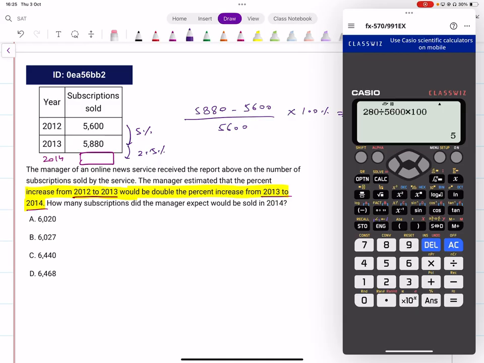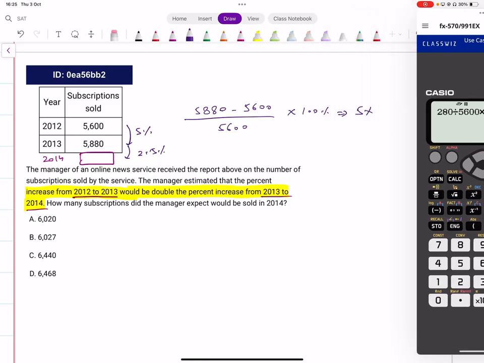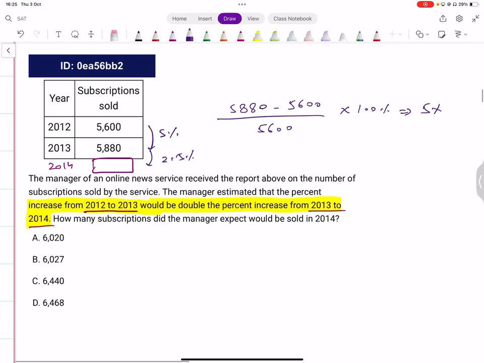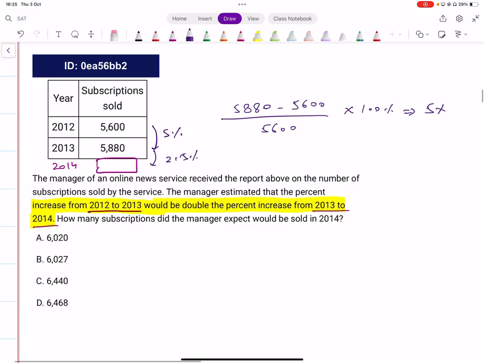Let's read the question statement again. The increase from 2012 to 13 is double the increase from 2013 to 14. So 2013 to 14 should be half of that. So this is 2.5%. Now you just want to increase 5880 by 2.5%. You can do that directly like this. 5880 multiplied by 100% plus 2.5%.